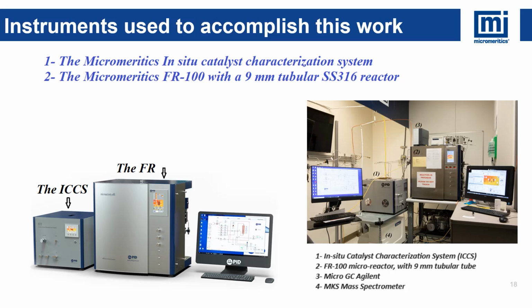So it has everything. It has a TCD to detect the incoming gas from the reactor. It has a built-in trap to trap the water. Remember, when you do TPR, you have water as a product of the reaction, and it has to be trapped before getting into the TCD.